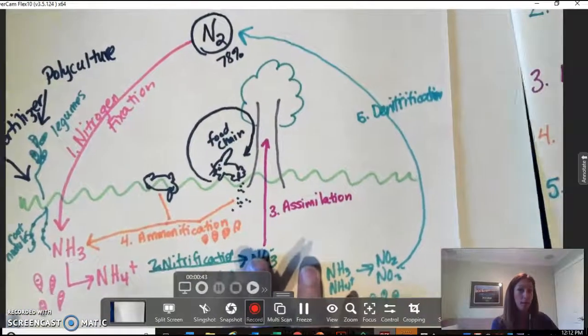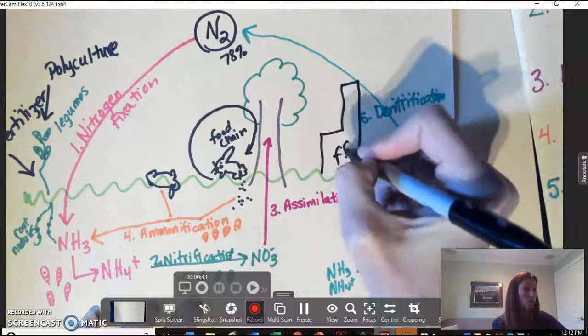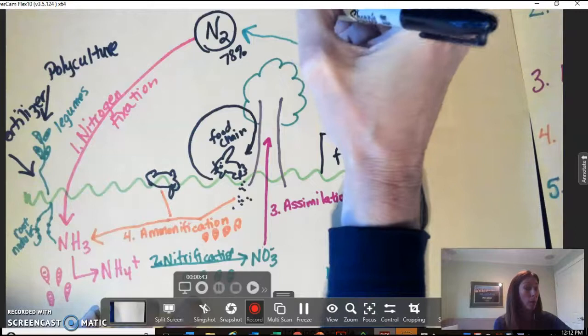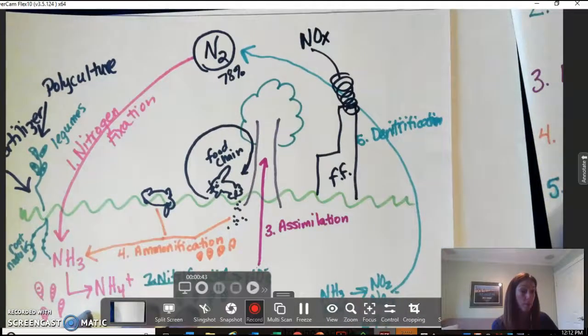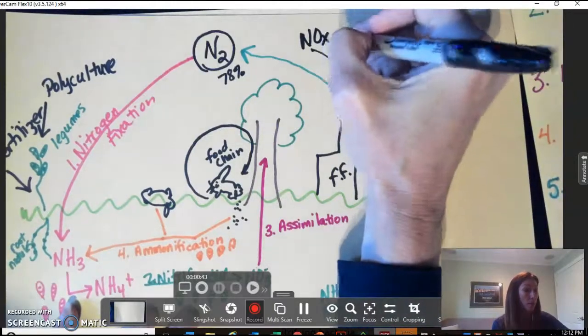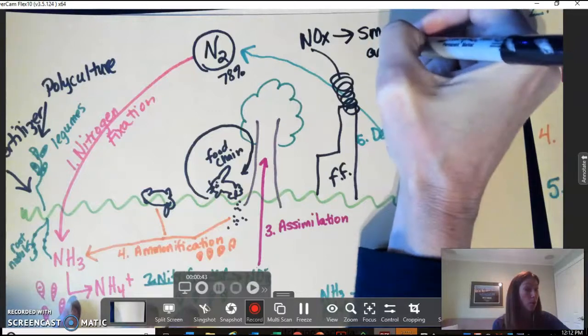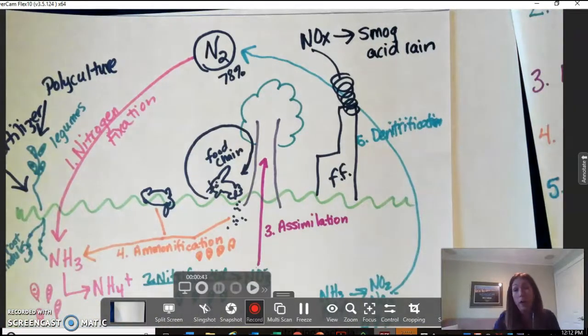Another big negative impact that we have on this is that humans burn fossil fuels. If you remember that fossil fuels, one of our compounds is NOx. Now, NOx is a negative impact on our environment because that can lead to smog as well as acid rain. So that changes the distribution of nitrogen in our atmosphere.